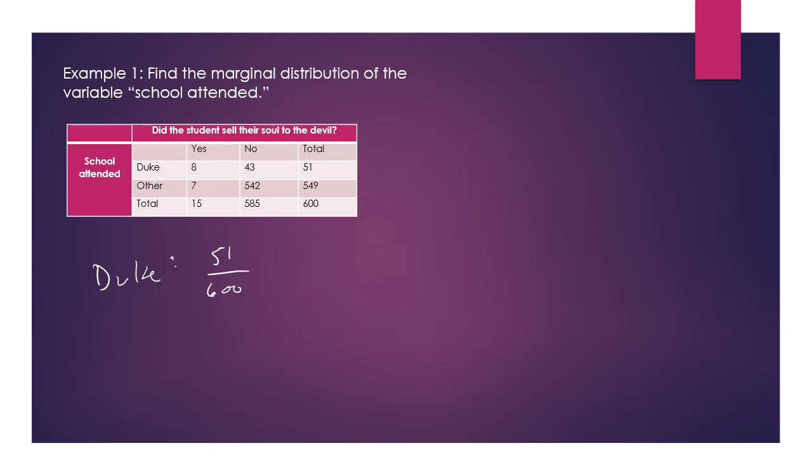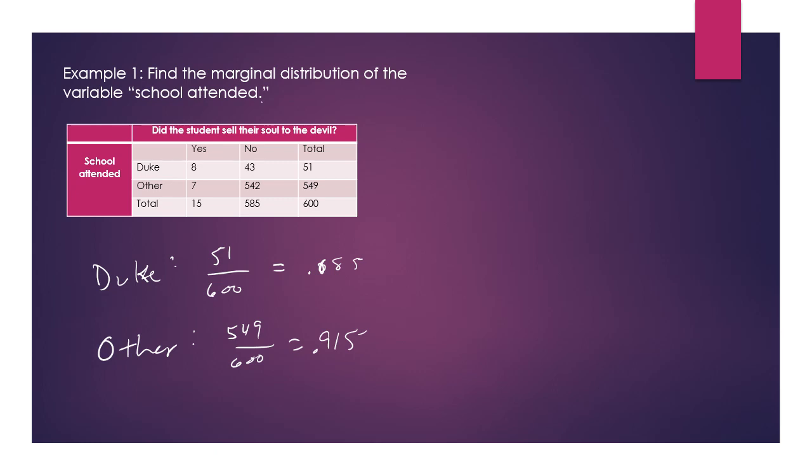Let me grab my calculator real quick. 51 out of 600 is 8.5%. And for other, it is the remaining 549 out of 600, or 91.5%. Okay, so that is marginal distribution.